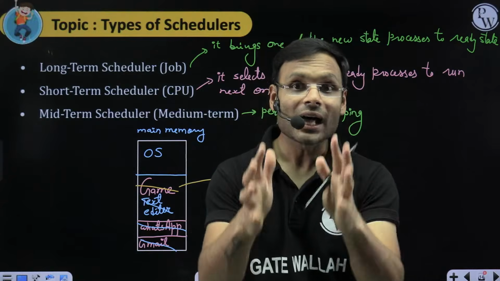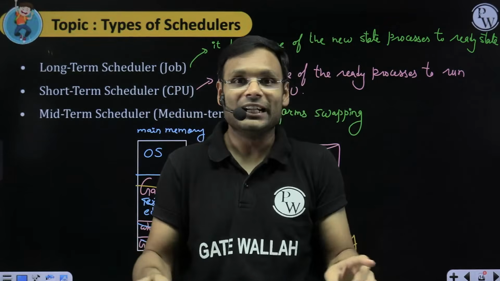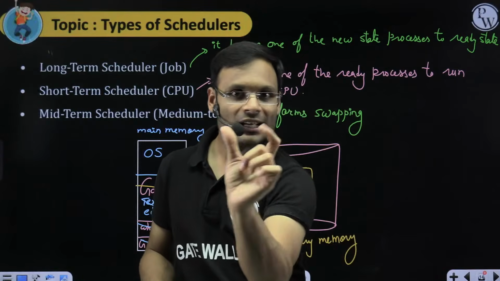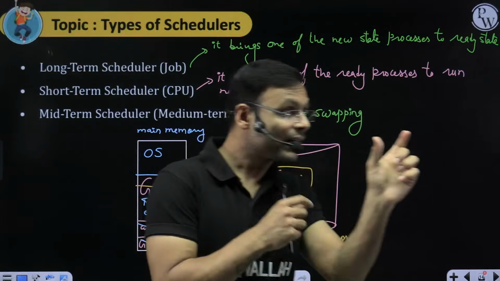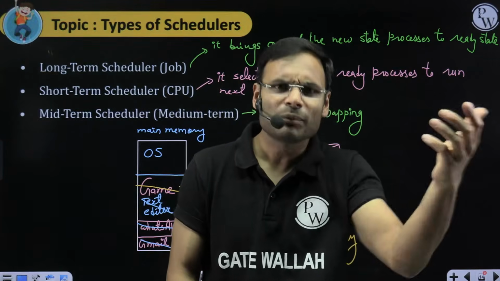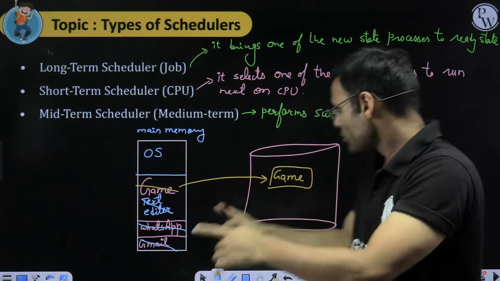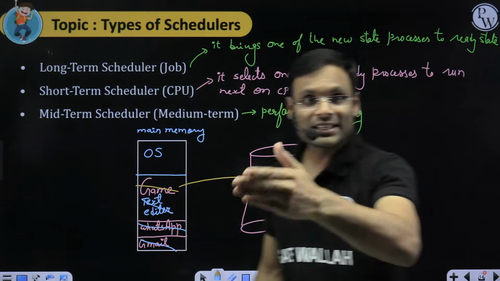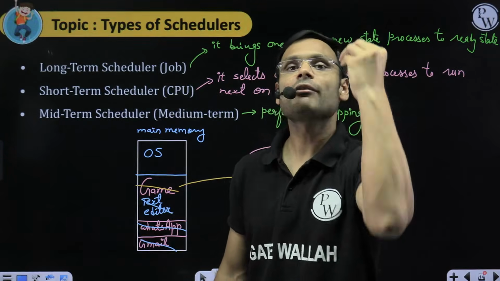If you are a gamer, you will observe that the game loads again. Have you observed it ever? That game again shows, oh, loading again. Why loading again? I was playing it before, na? Why? You are loading it again from the disk. Because the operating system has removed that game so that RAM can have extra space.